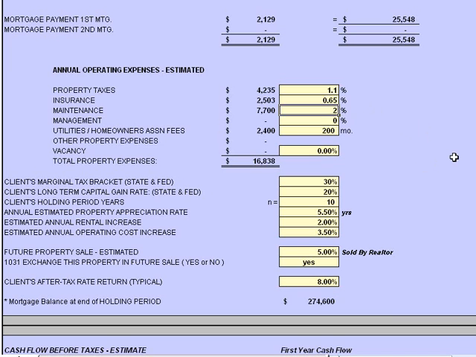That's money that I'm going to spend that will not improve the property value, but that will basically allow it to continue to operate. I have management here of 0. If I was paying a manager 4% to manage that property, I'd put it in right here. But we're assuming that management is 0. Okay? And my maintenance is going to be around 2. And then I have utilities.